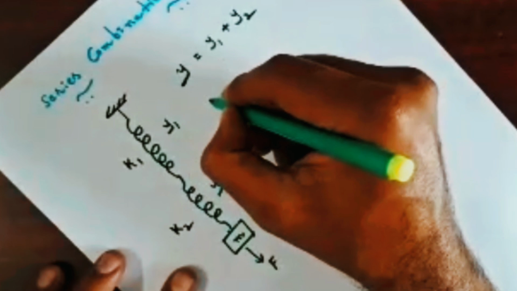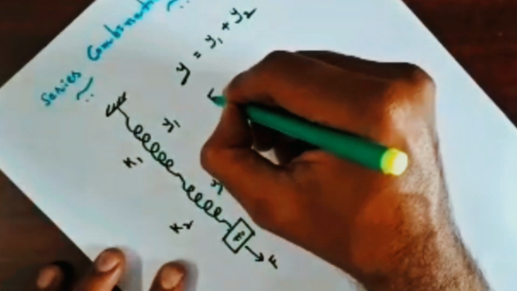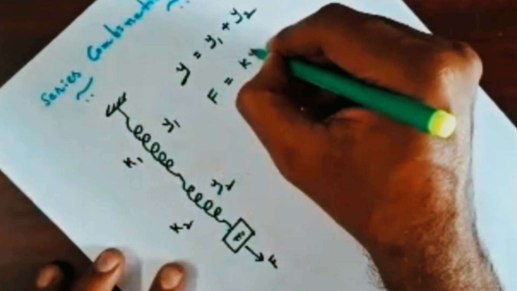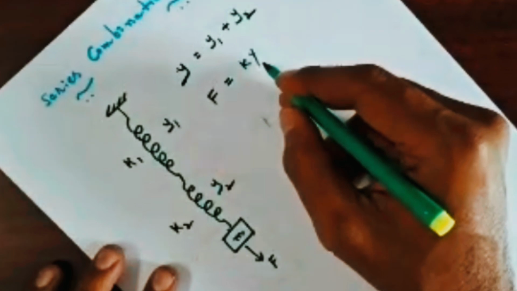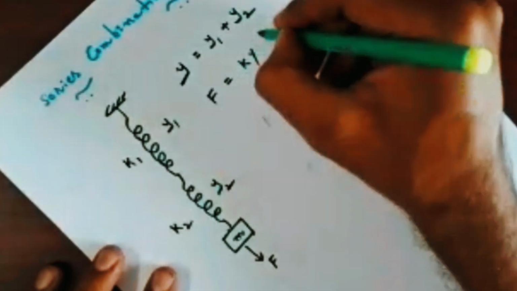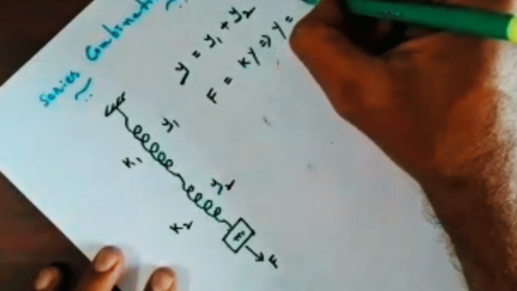Generally we use the formula F is equal to minus ky; forget about the minus, which only gives the direction between the force and the displacement of the spring. F is equal to ky, so y is equal to F by k.